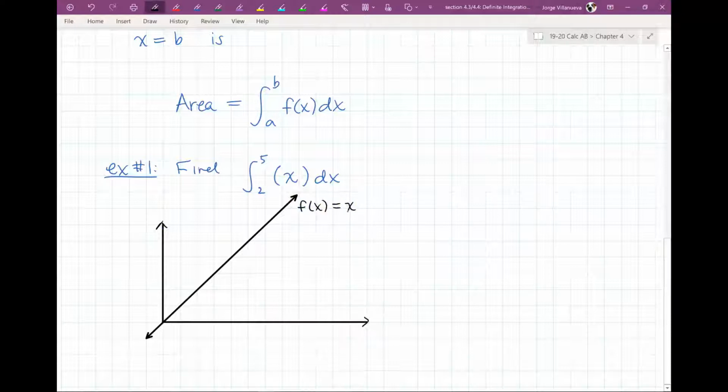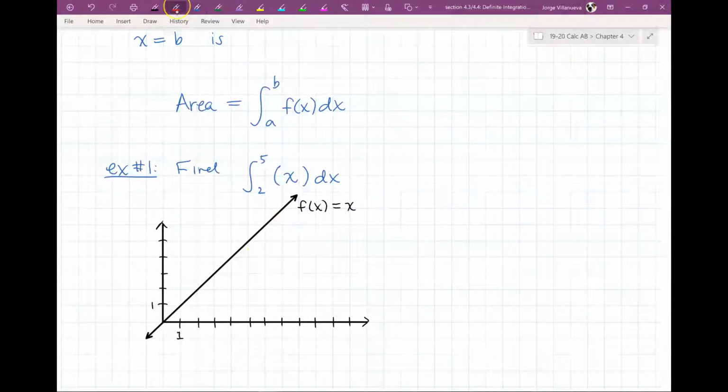So according to the definition, if I'm going to integrate from 2 to 5 of x dx, the function x, then it's the same as if I actually drew the function. And I'm going to put tick marks right here, just for the purpose of this problem. This will be 1, this will be 1. They say the integral is the area bounded by the function, the x-axis, and then the vertical lines x equal to a and x equal to b.